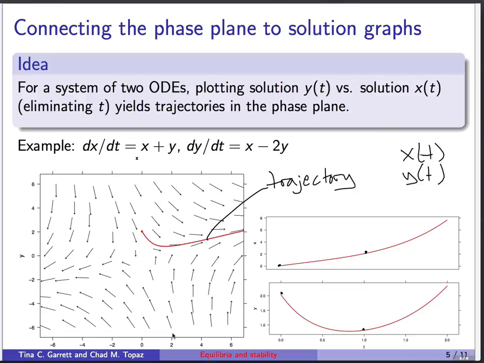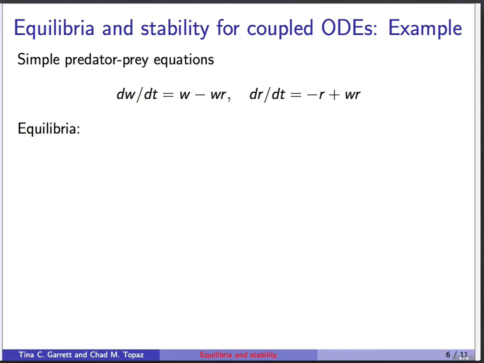We're a little bit past the point where the y's turn around, so maybe we're something like this on this graph. Okay, and this is very important, to be able to connect these kinds of pictures to this kind of picture here. Now, we still haven't talked about equilibria and stability for systems yet, so let's do that now.